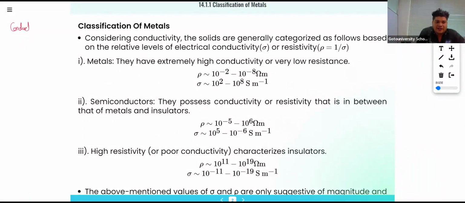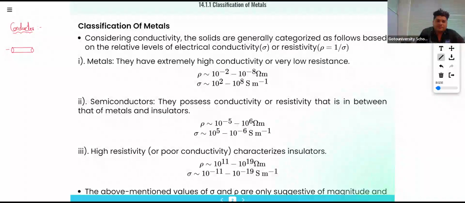If we take the conductor, let us consider that we are taking an iron rod.